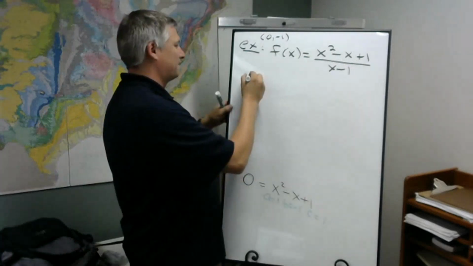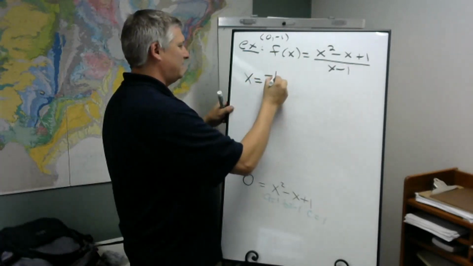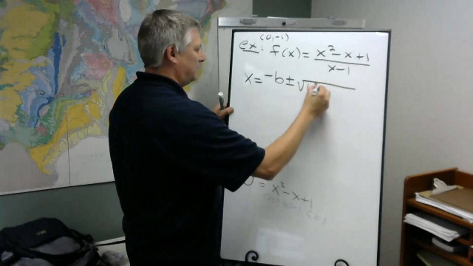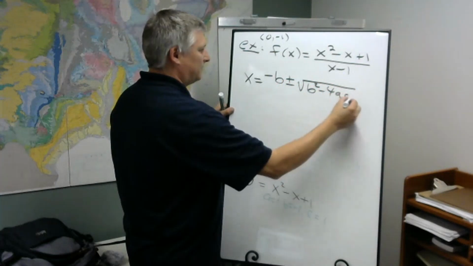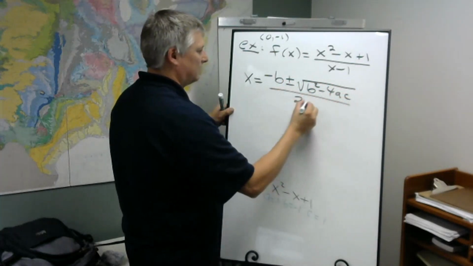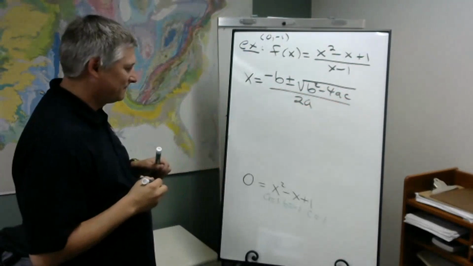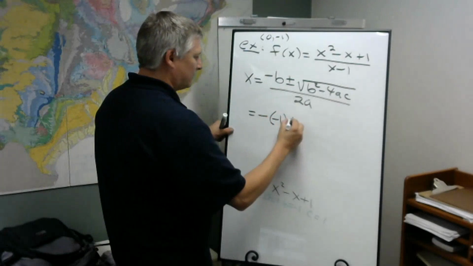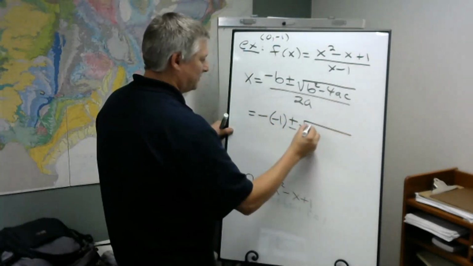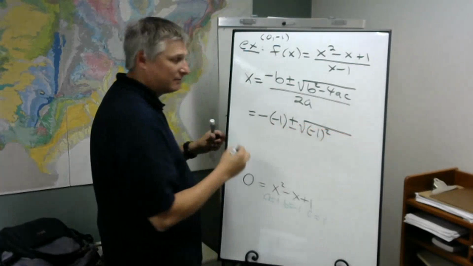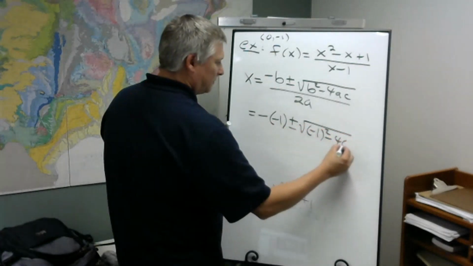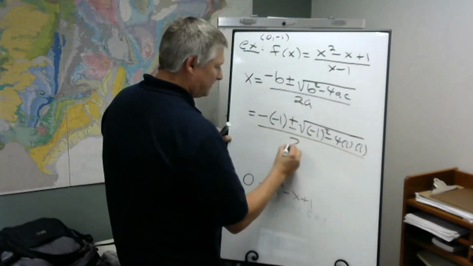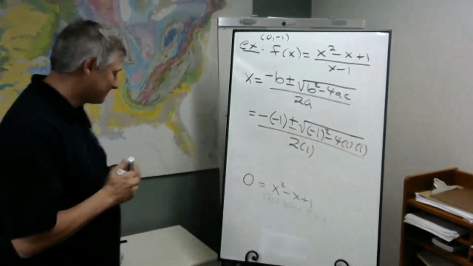So the quadratic formula: negative b plus or minus the square root of b squared minus 4ac, divided by 2a, or negative negative 1 plus or minus the square root of negative 1 squared minus 4 times 1 times 1, divided by 2 times 1.